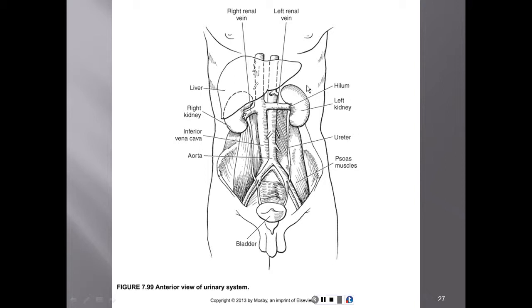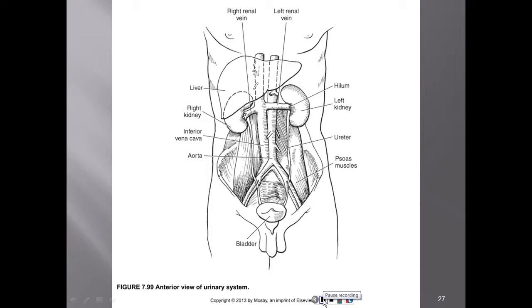Remember that the kidneys are surrounded by perirenal fat, that the nephrographic phase is enhancement of the renal cortex, and the renal medulla consists of the renal pyramids or calyces.